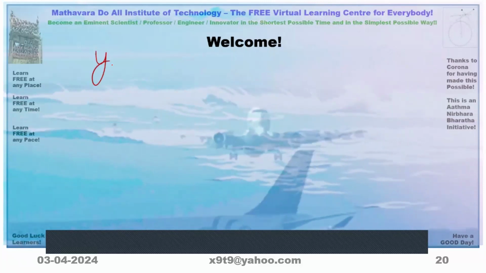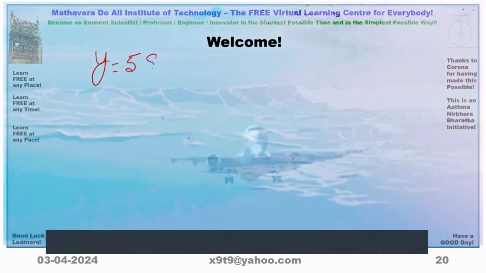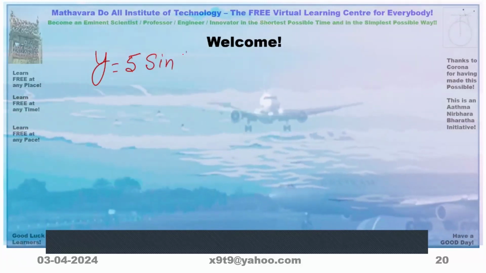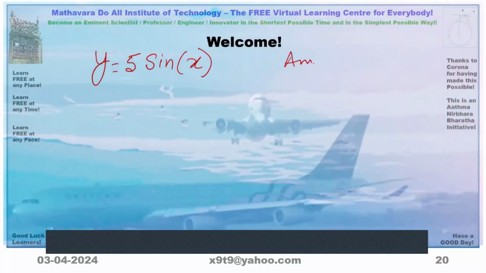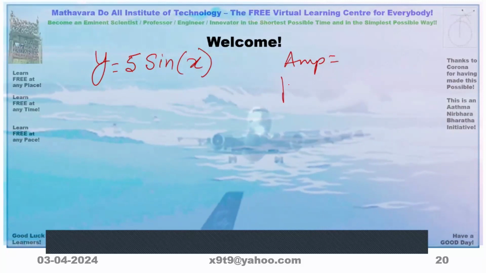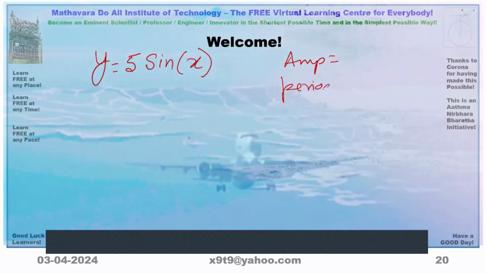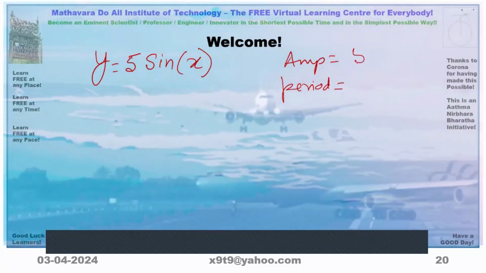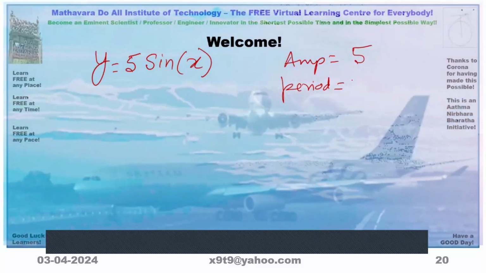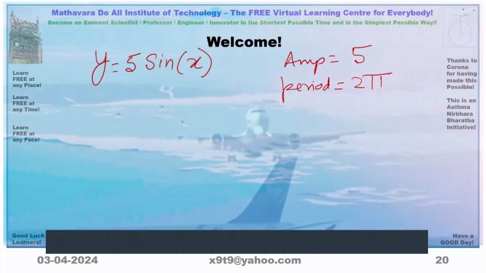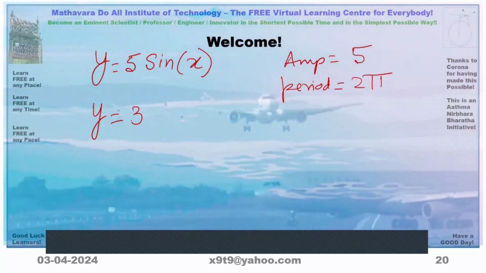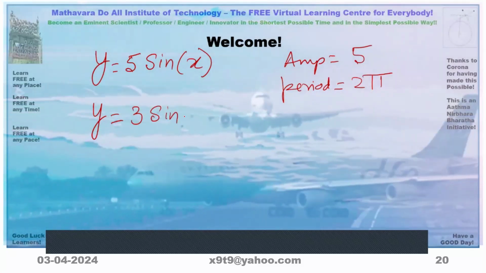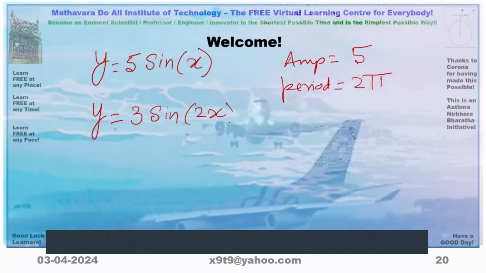So suppose y is equal to 5 sin x. What is the amplitude? What is the period? 5 is the amplitude and 2 pi is the period. Very good. Now suppose y is equal to 3 sine 2x.